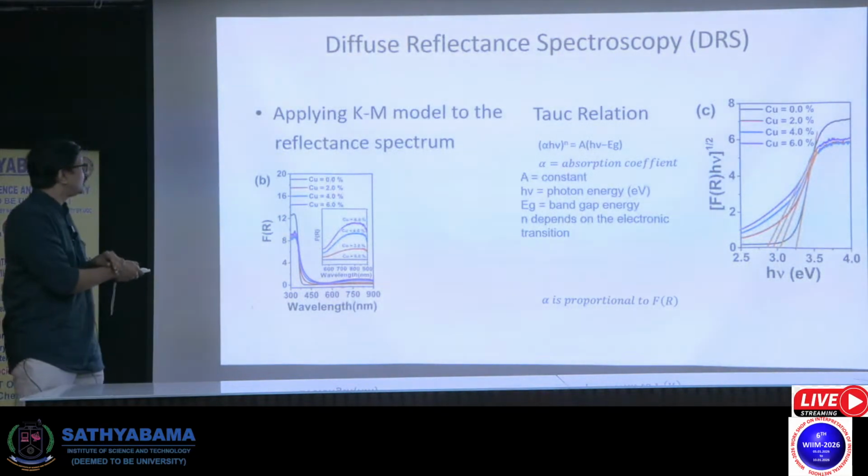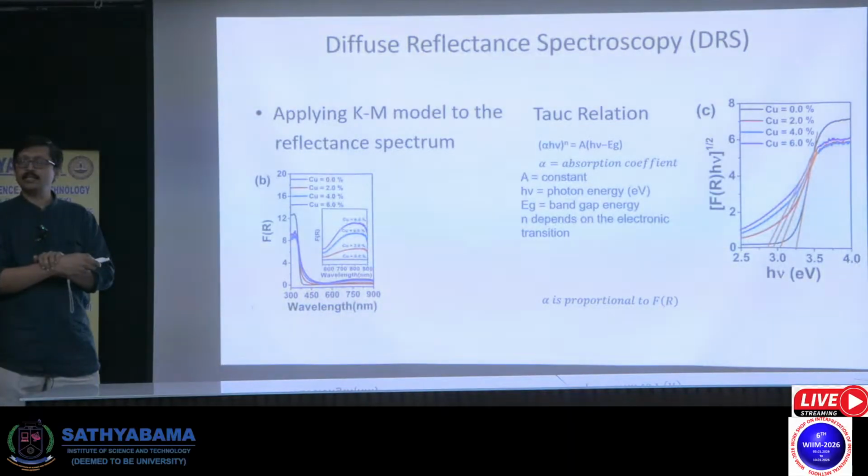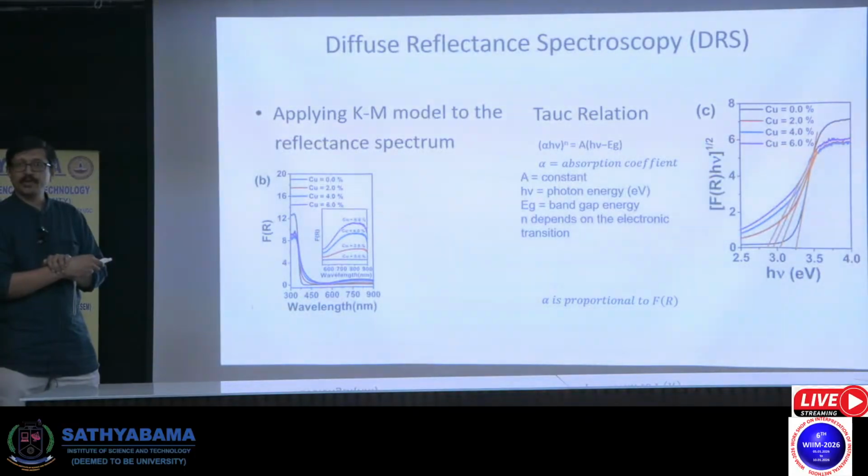Okay, so to measure the band gap, you can actually use DRS spectra. What you do is, instead of this alpha h nu, you need to put F(R) h nu. F(R) is the KM function, Kubelka-Munk function.